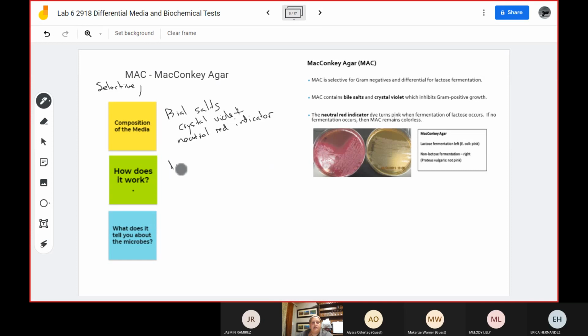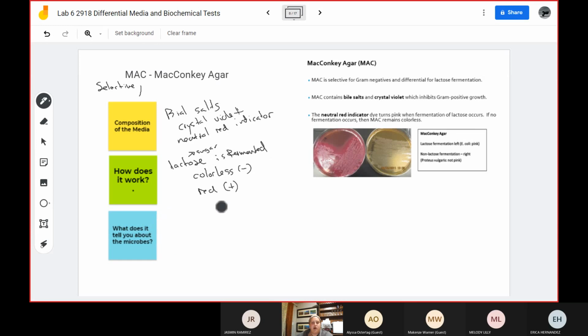So if lactose, which is a sugar, is fermented, then I think the plate becomes acidic, and then the neutral red dye will change colors. So if there is no fermentation, it is colorless, is negative, and if there's fermentation that occurs, red is positive. And actually, I think I got that wrong. I think it's alkaline. I have to double check that.